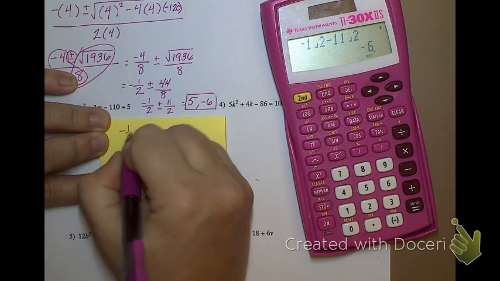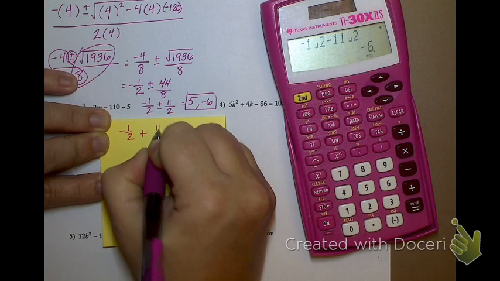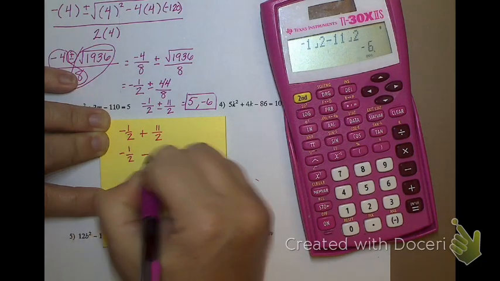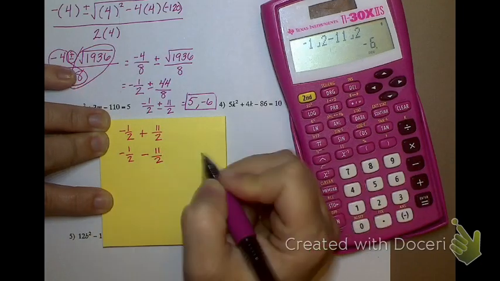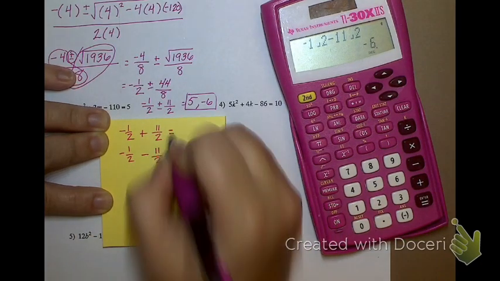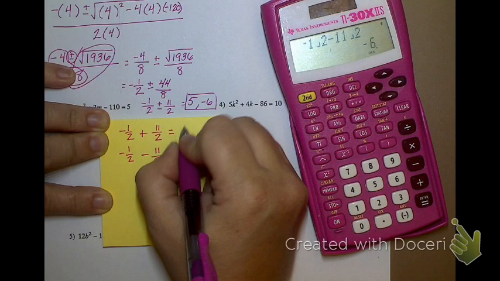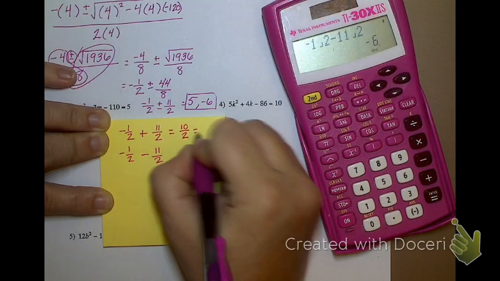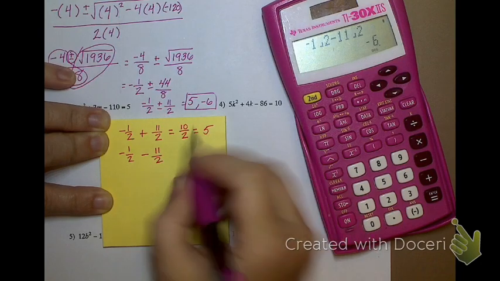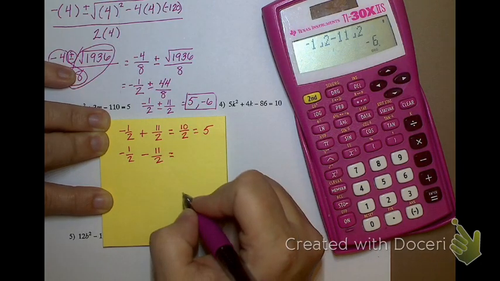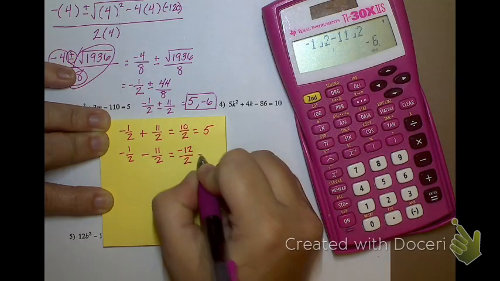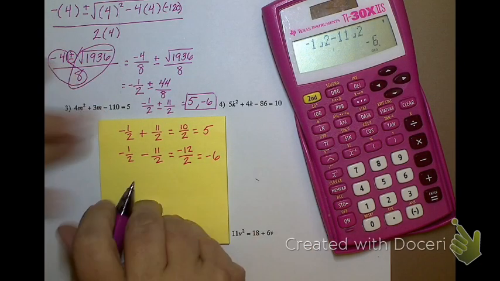What is negative 1/2 plus 11/2? Isn't that 10/2? Which is 5. Negative 1/2 minus 11/2 is negative 12/2, which is negative 6.